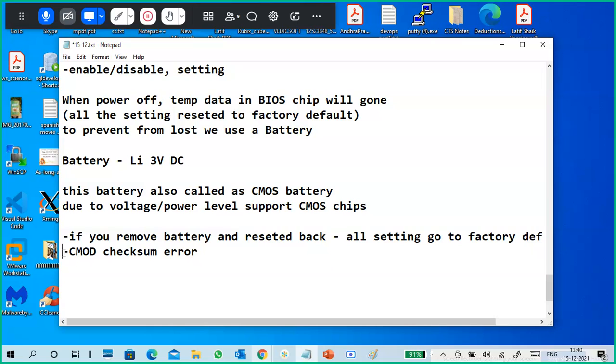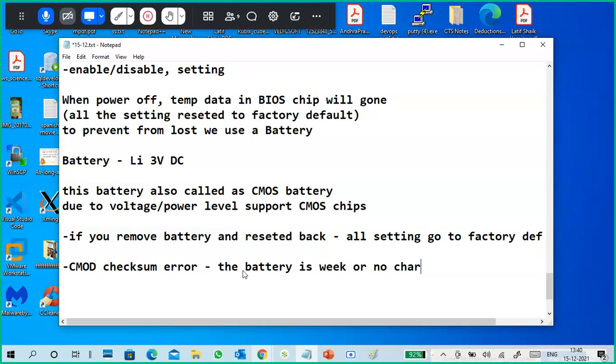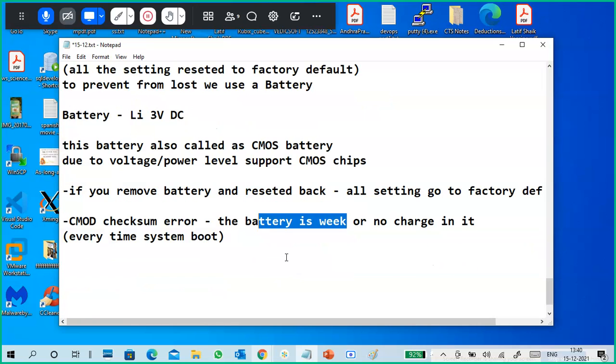If you get an error like this, what is the meaning? The battery is weak or has no charge. Once is okay, but if every time you boot you get this error, it means your battery is weak and has no charge.